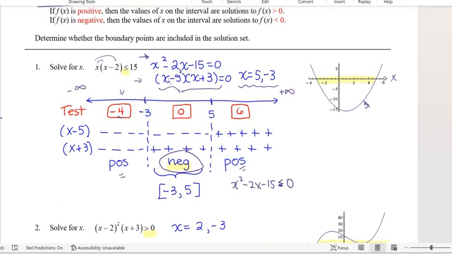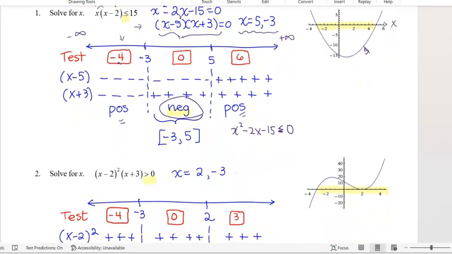The next one is actually even nicer. It already has one side at 0 and is also given in factored form already. So it's easy for me to find my boundary points, which are 2 and -3, because I set this equal to 0.